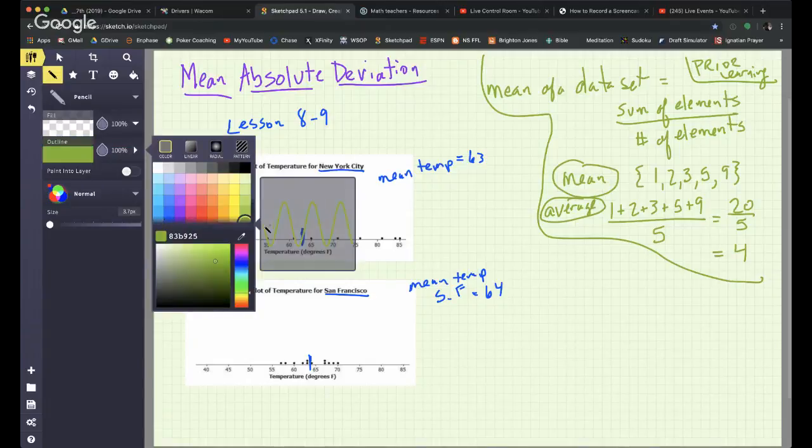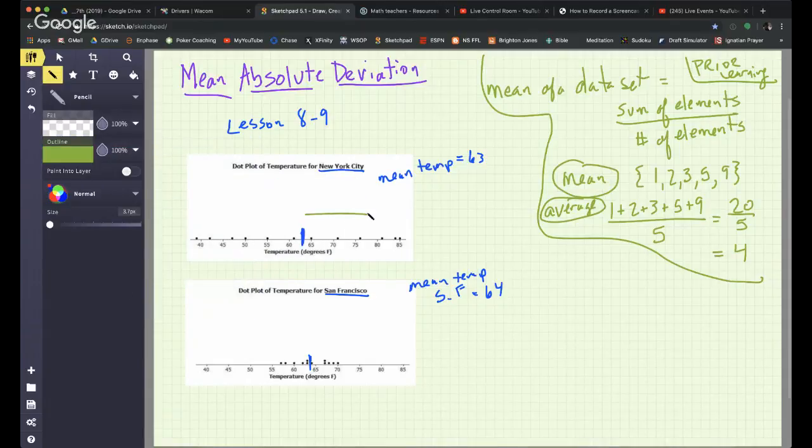but we learned that the data set in New York was more spread out, and in San Francisco, it was all clumped together.